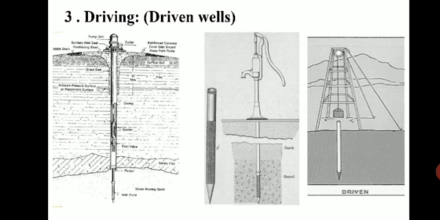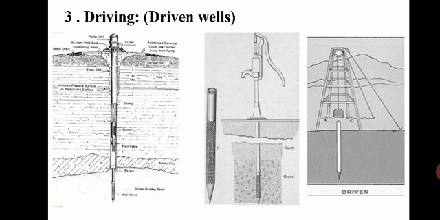Driven wells we can install only in unconsolidated materials. If there are hard rocks, we cannot go for driven wells. The diameter of such wells ranges from 3 to 10 centimeters.